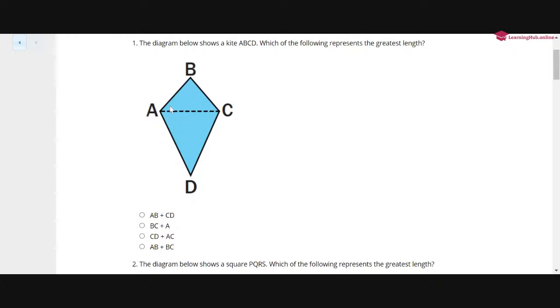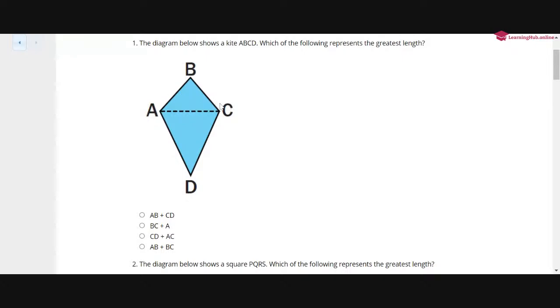So if you look at this, AB and CD, which is this one, that could not be it. Let's look at CD, this one right here, plus AC. So this is going to be taking the lead.